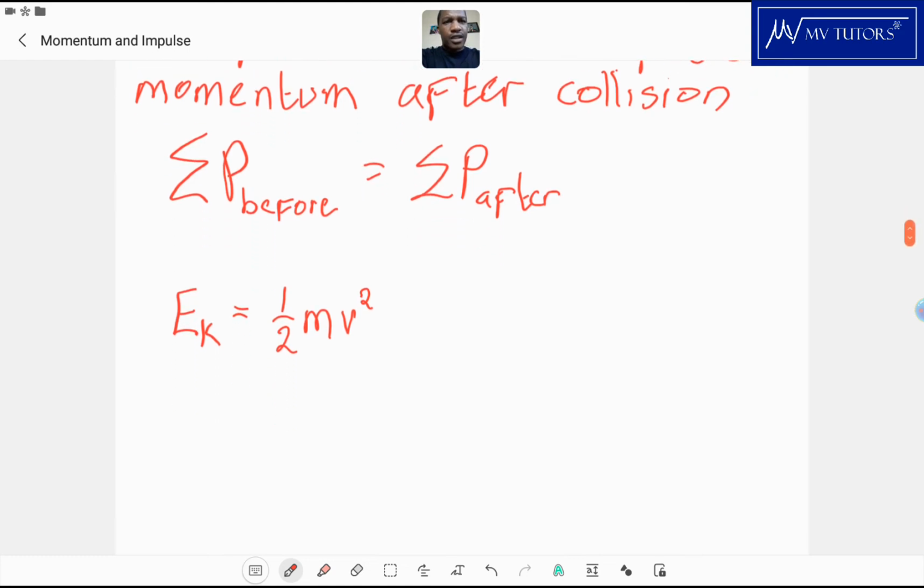For elasticity, the sum of the kinetic energy before is equal to the sum of the kinetic energy after collision. So always relate this to elasticity.